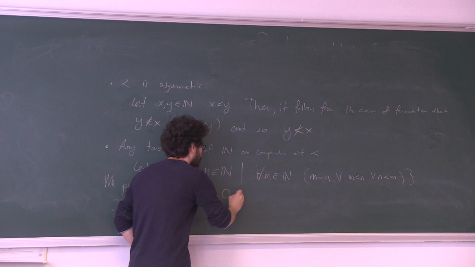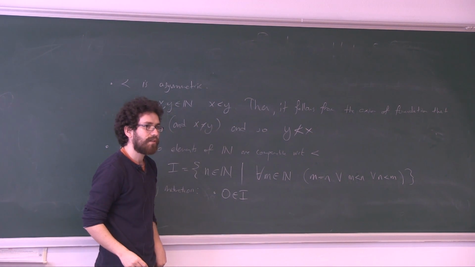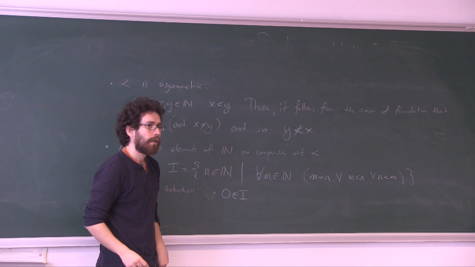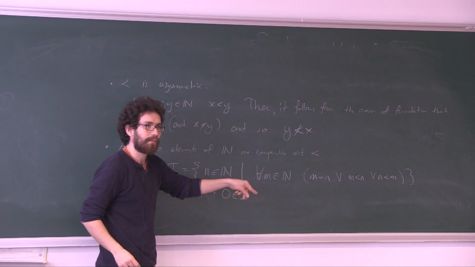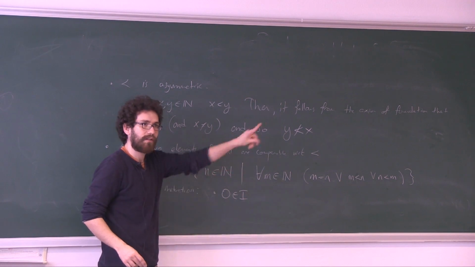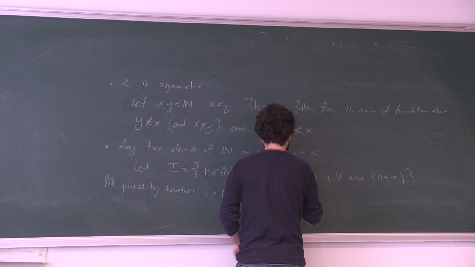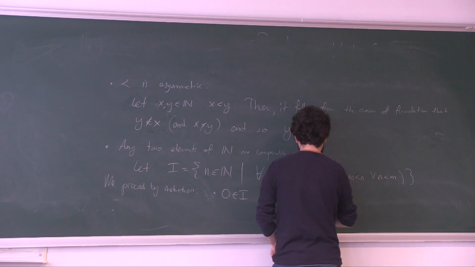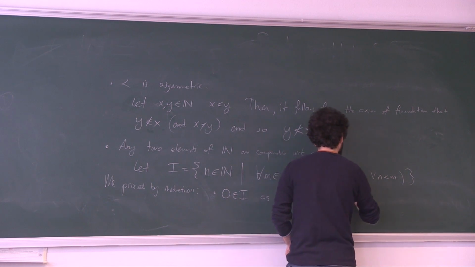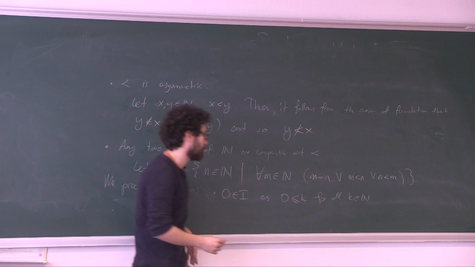Now let's prove that 0 is in I. Why is this true? Remember, we proved last time that 0 is less than or equal to all the elements of natural numbers. We proved this, right? It was the first induction we did. So this part by itself requires an induction, which we did last time.